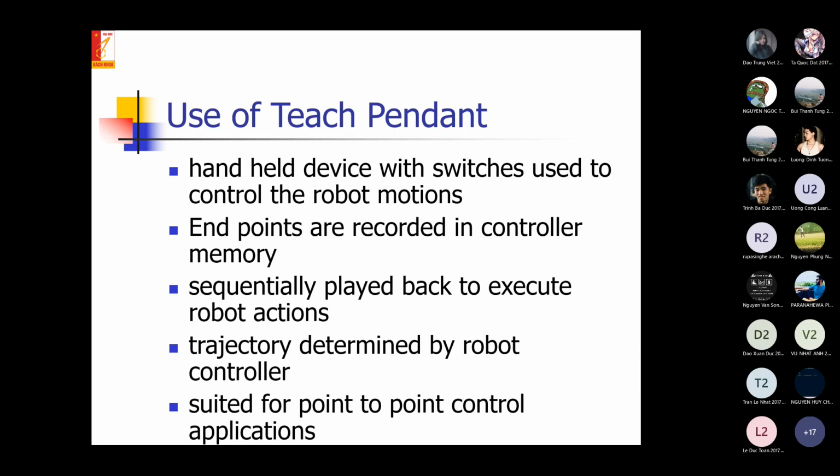So this kind of control method with the use of the pendant is suitable for point-to-point control applications. And with the pendant, it is easy to use. We can control the robot directly and there is no need for any special programming skill.